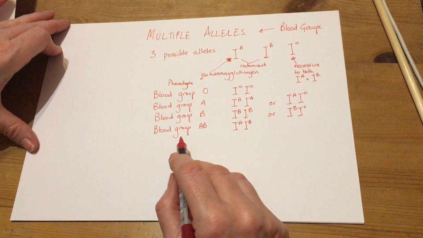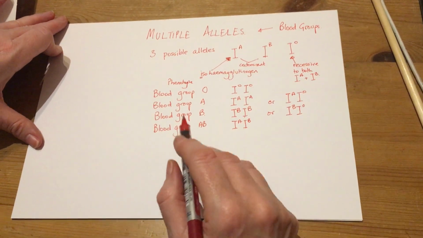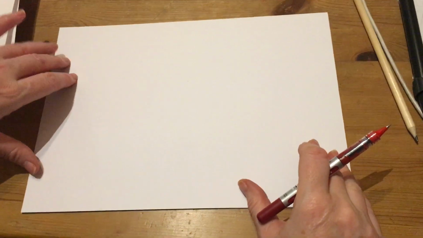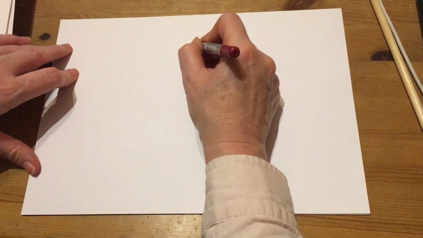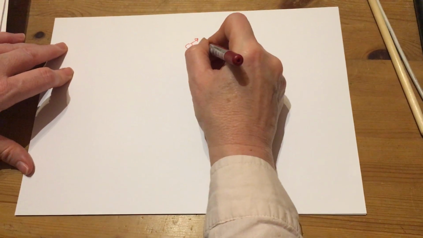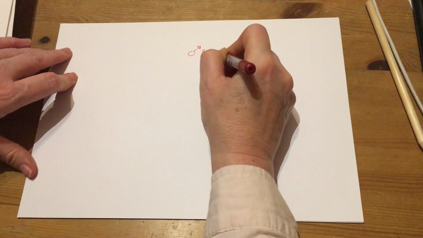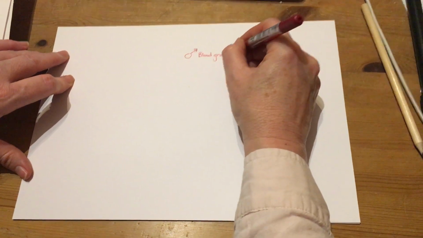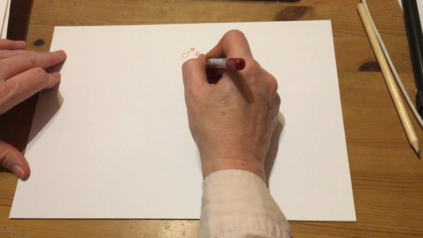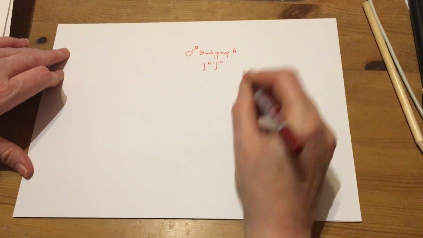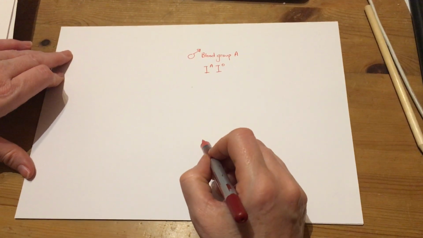So let's have a look at some interesting crosses between people with different blood groups. So let's take a male, and this is the symbol for a male, who is a blood group A. And let's say that he has the genotype of IA-IO.